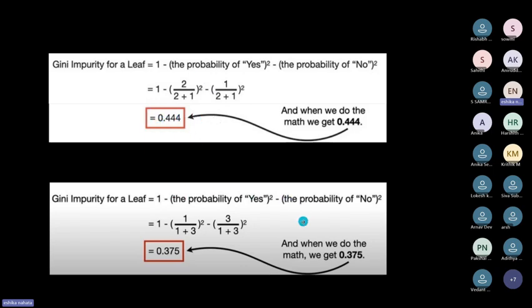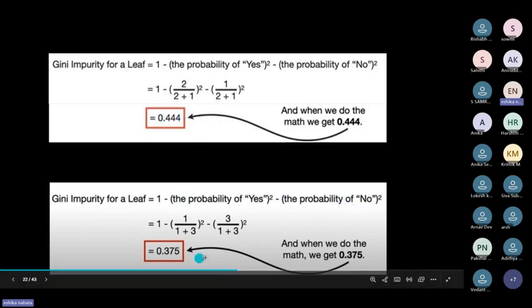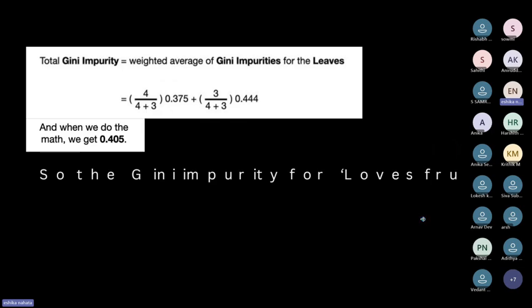Similarly for the left node, we get this as the value. Now we take the weighted average based on how many data points are being classified into each of these leaf nodes, and we get 4 to the left and 3 to the right. Essentially, this becomes 0.405 as the Gini impurity of this entire tree.